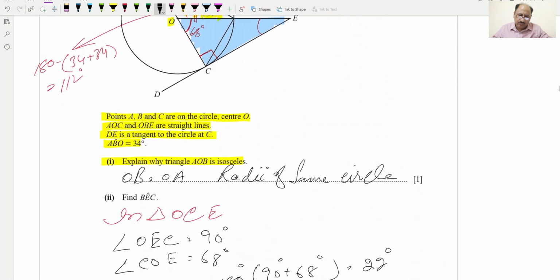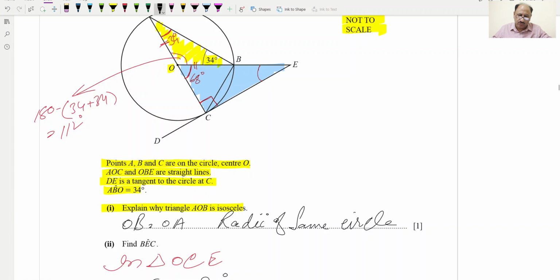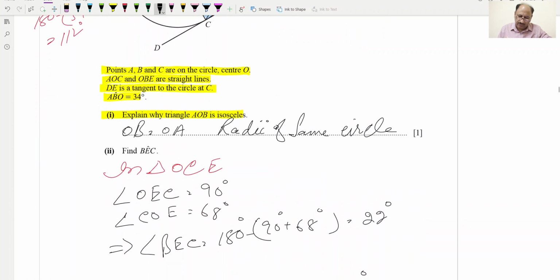If you want to mention further reasons also, you can write the reason, for example for this one you can write tangent to the circle.